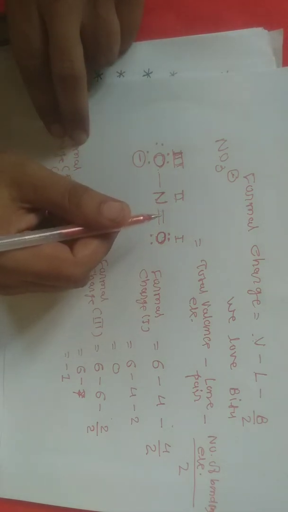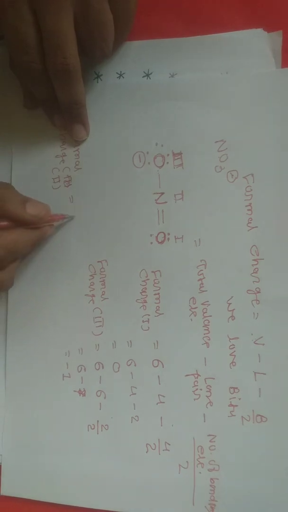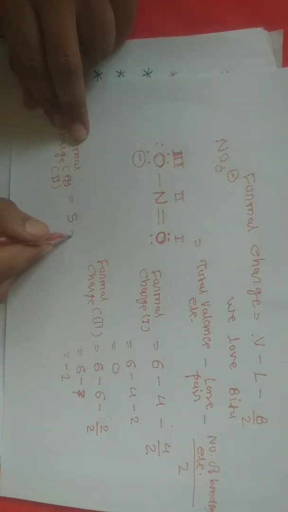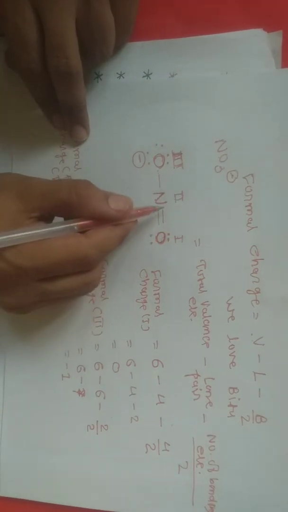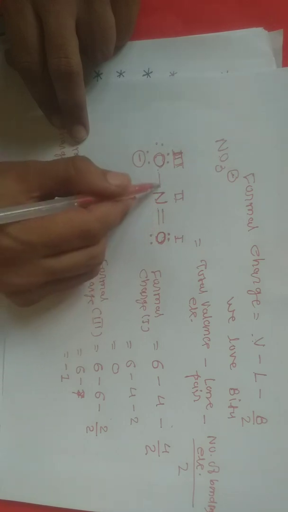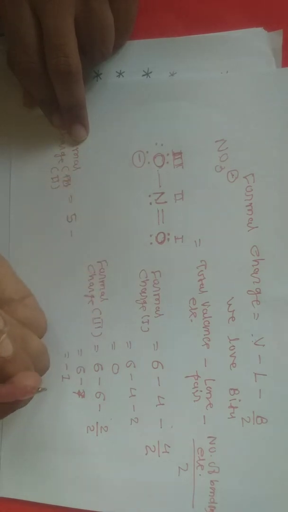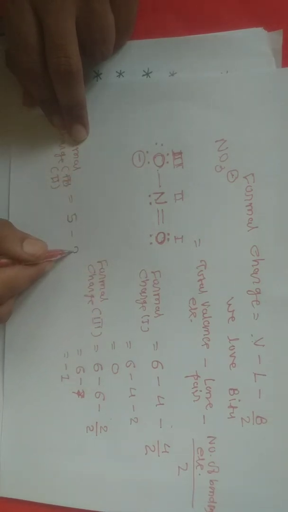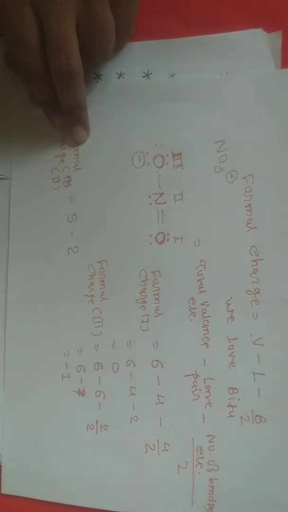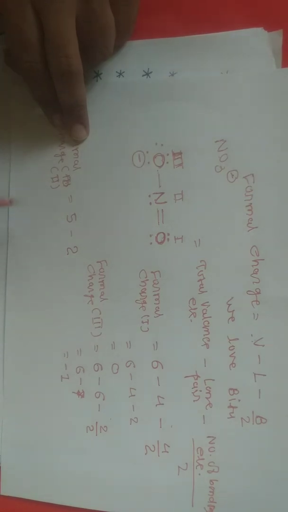That belongs to group number 15. So valence electrons are 5. Now lone pair electrons, see 1, 2, 3, 4, 5, 6. So 6 electrons are used in bonding. So only 2 electrons remain. So I will write that 2. Right? Those are the lone pair electrons.